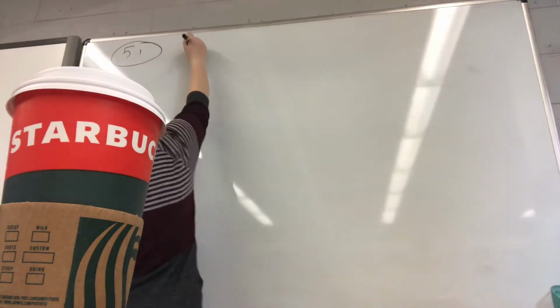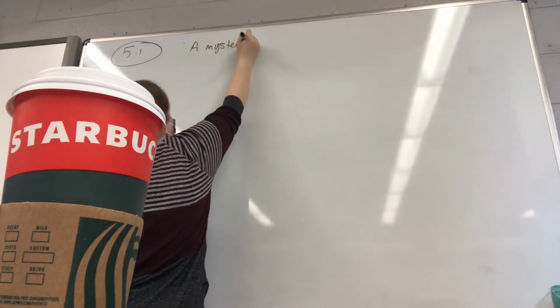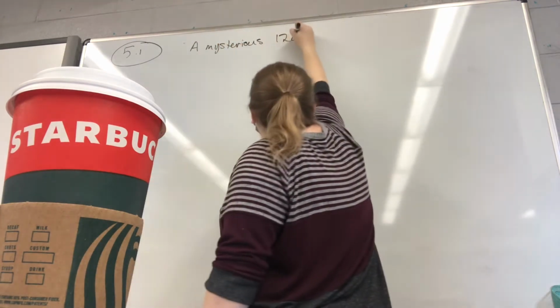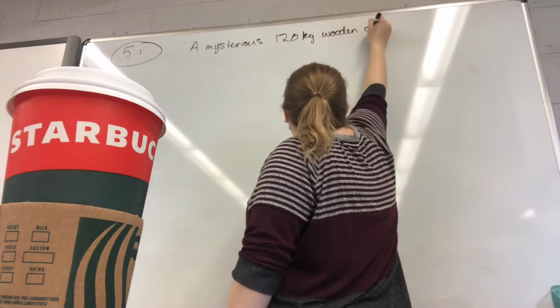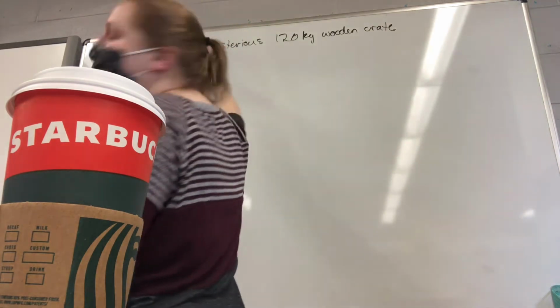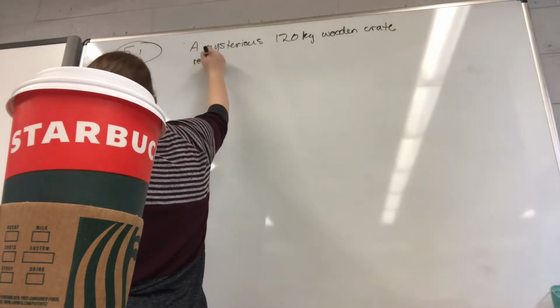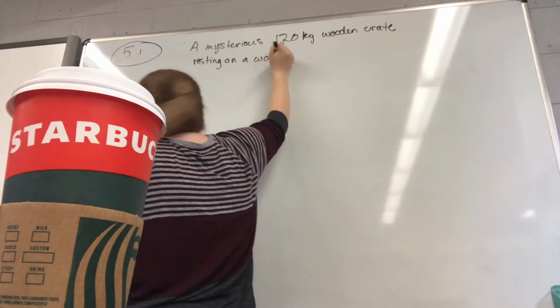Okay, here we go. We're just going to say it's a mysterious 120 kilogram wooden crate. Sounds like it has bombs in it. The wooden crate is resting on a wood floor. So it's wood on wood.